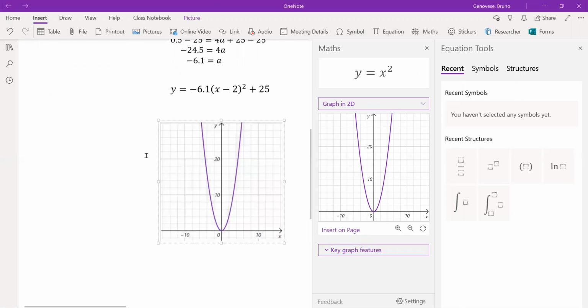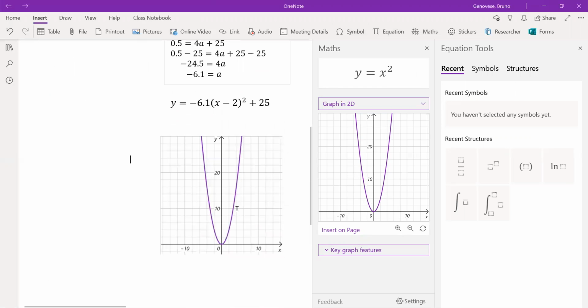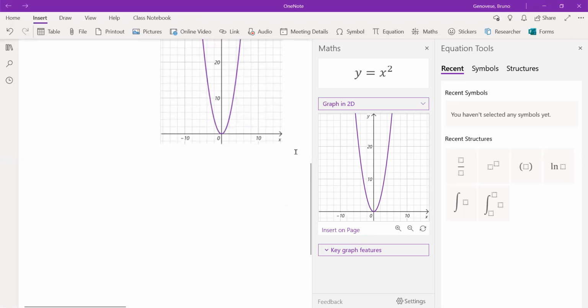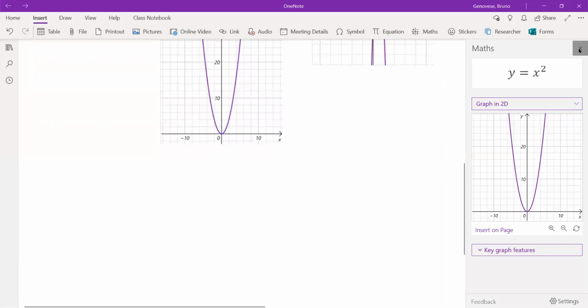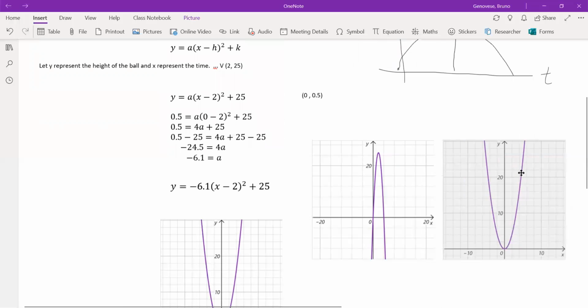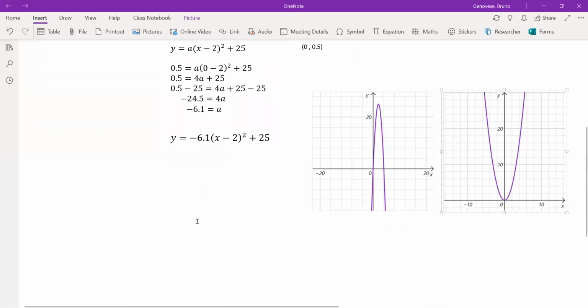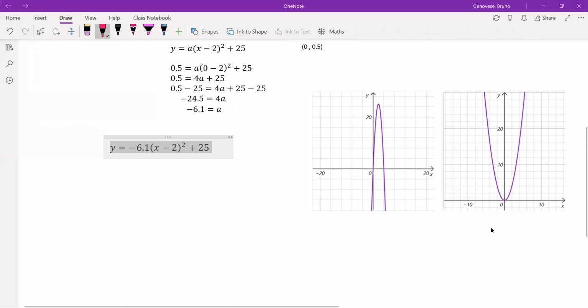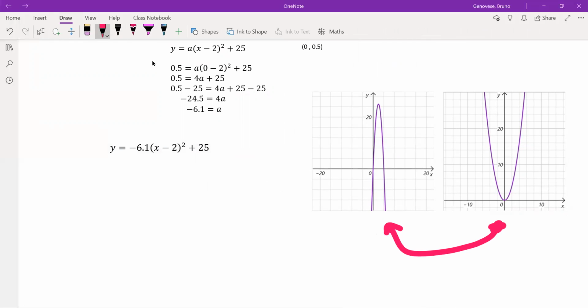So there's the parent graph, the original one, and we're going to do a little comparison in terms of algebraic transformations now. To go from the parent graph to that one, there are obviously some transformations that have taken place, and we're going to take a look at what they are.